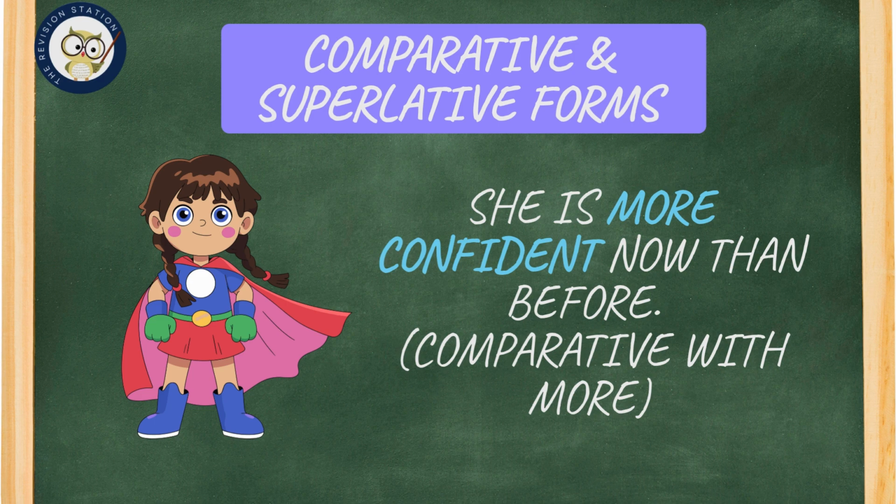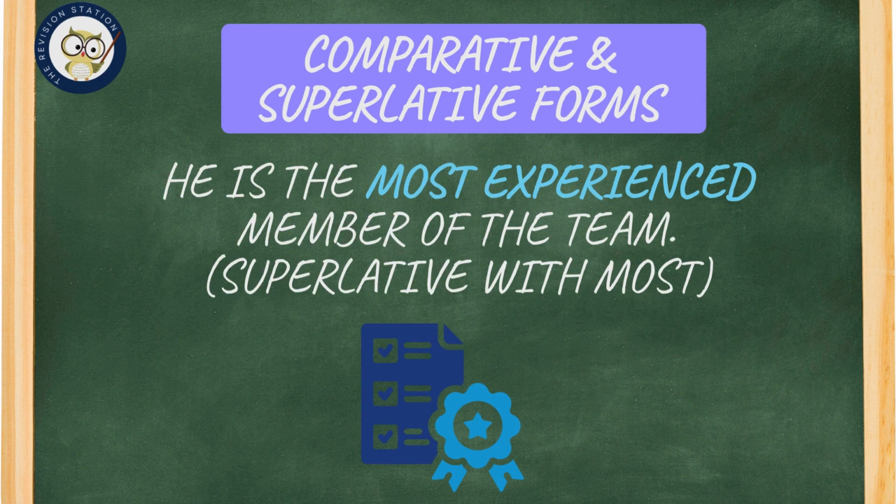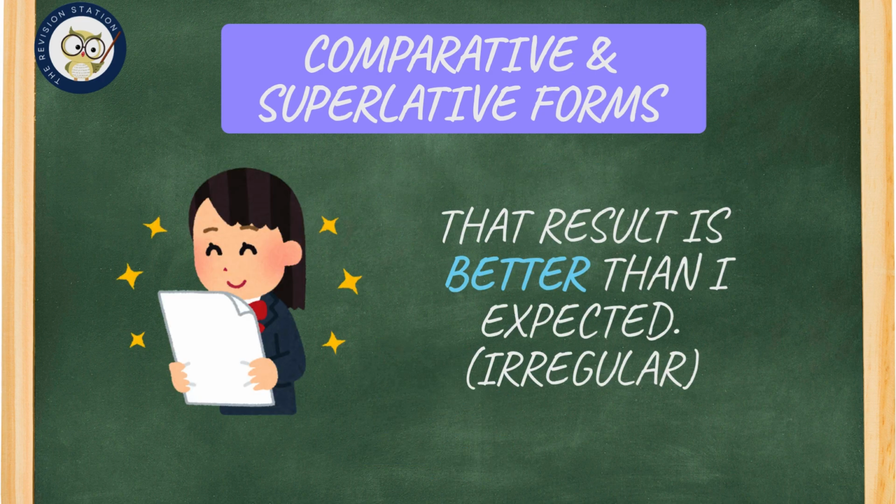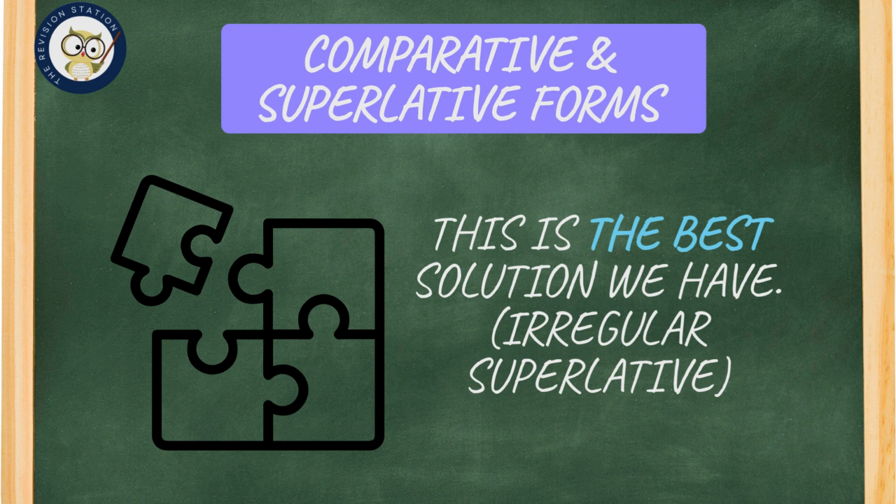She is more confident now than before. He is the most experienced member of the team. That result is better than I expected. This is the best solution we have.